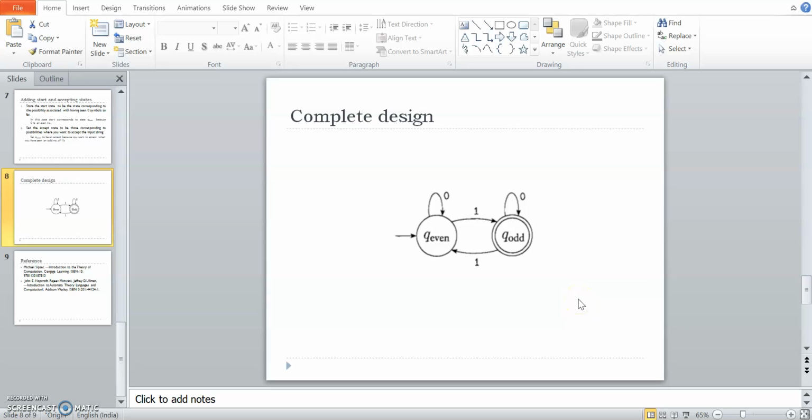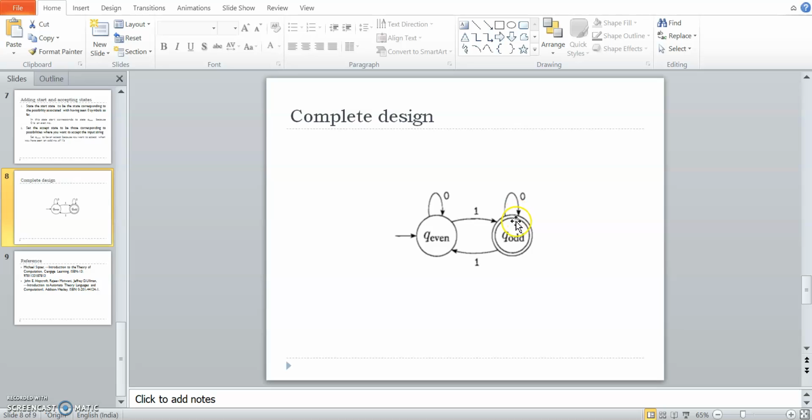The final state in the table is the one marked by the star, which we have already seen. So we can define the finite automaton with the help of a transition graph like this. In this case, Q even is the start state. On reading 0, you will stay in Q even. Once I get the first 1, I reach the accepting state.